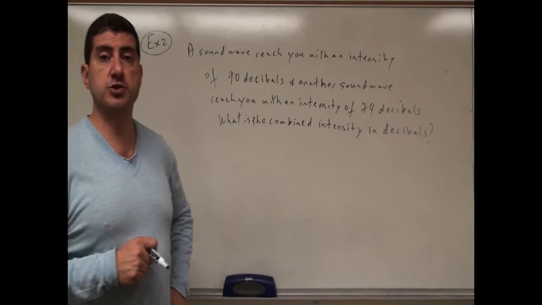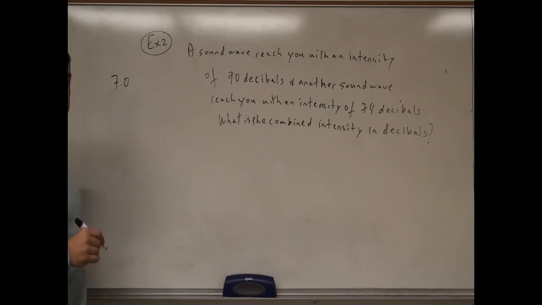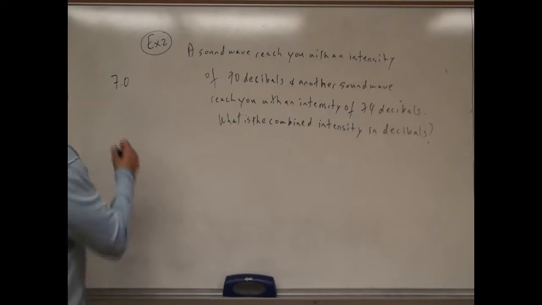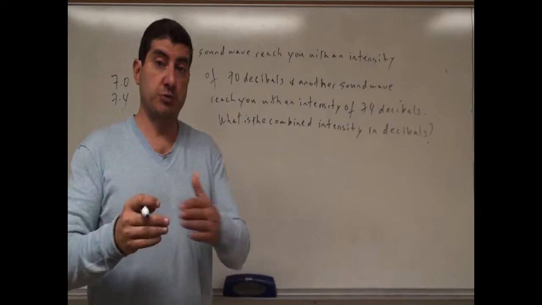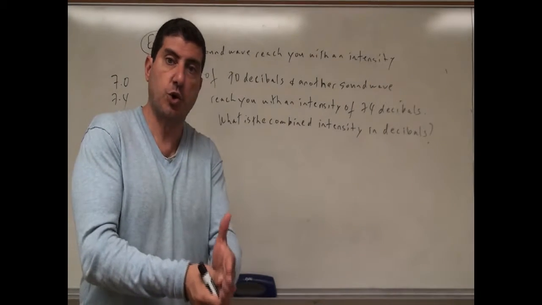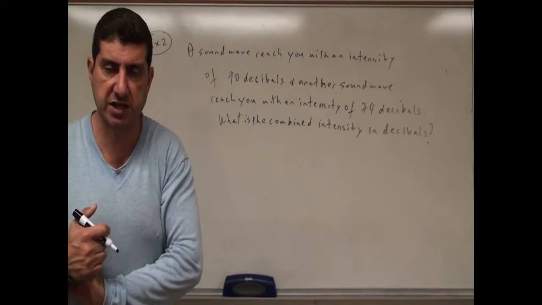This is also equivalent to asking the question, an earthquake with 7.0 reaches you, and then simultaneously another earthquake of a 7.4 reaches you, right? So I'm assuming that the intensity of the sound source when it reaches you is already 70, not that the original sound source was 70 decibels.